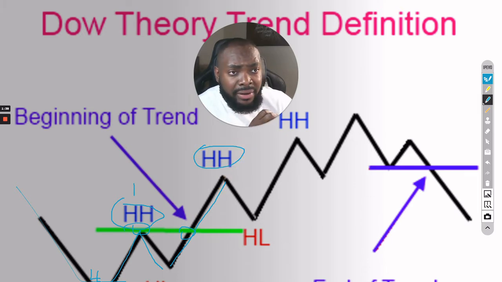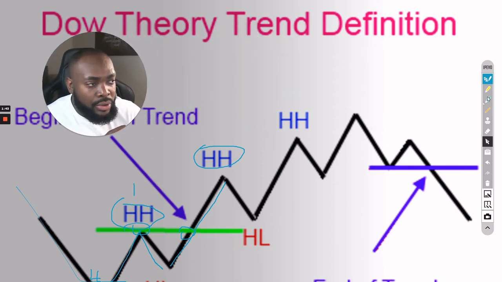All right. So as far as a series of higher highs and higher lows, this would be our second higher high right at this point. And then right here, this would be our second higher low.